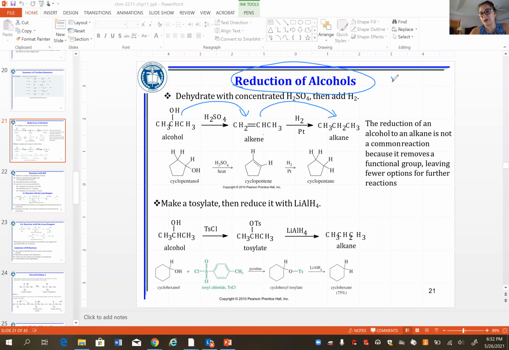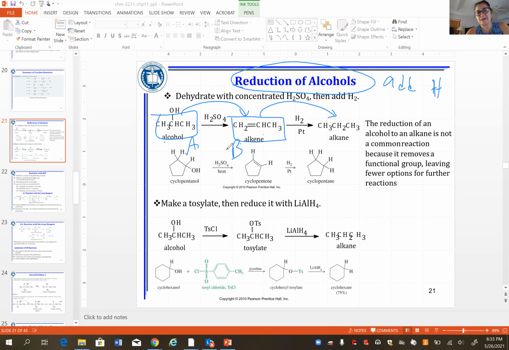Remember, in reduction, you're adding H. You're removing oxygen and you're adding hydrogen. Which one is more oxidized, alcohol or alkene? Which one, A or B?